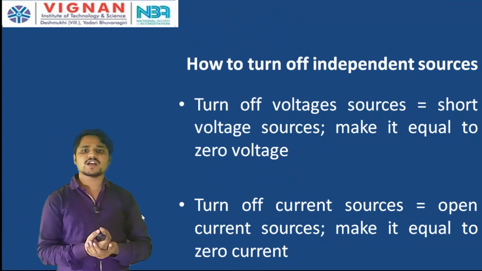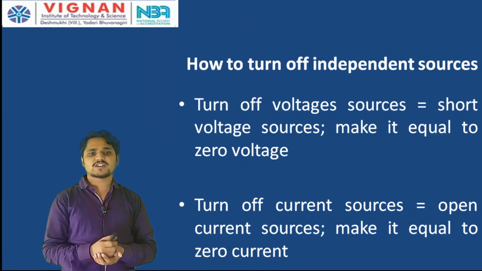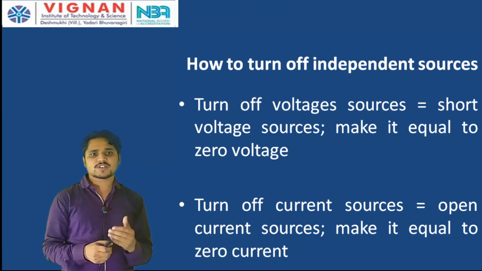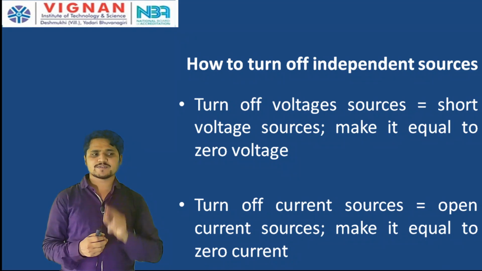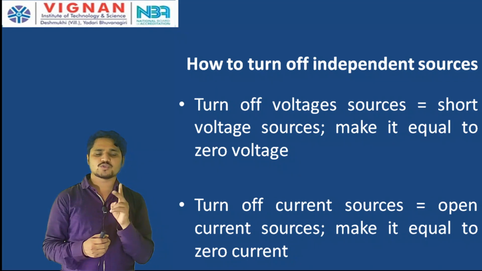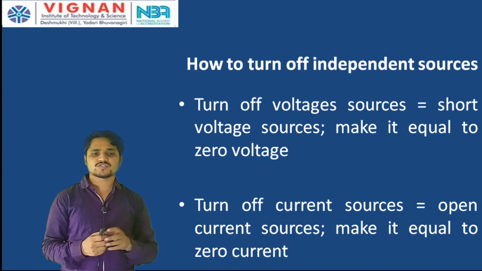Now, how to turn off independent sources? As we discussed, in step one we take one source. Let us take one assumption: for the given network only two independent sources are available. The first source is a voltage source and the second source is a current source.